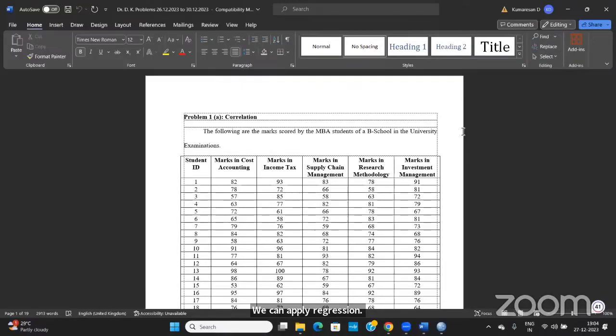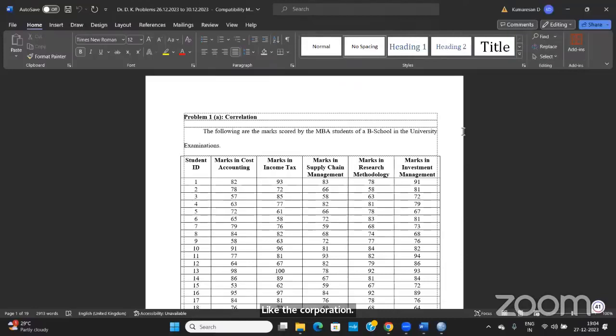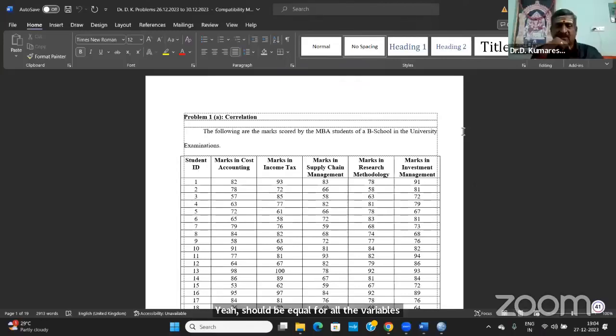Like the correlation, in the case of regression also, n should be equal for all the variables. Number of items should be equal.